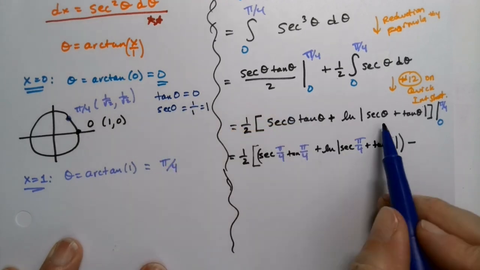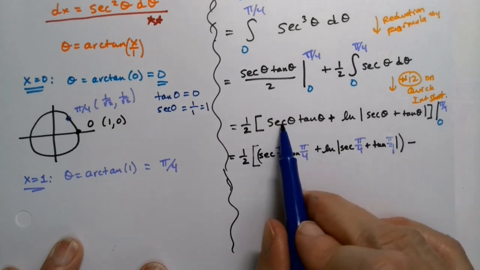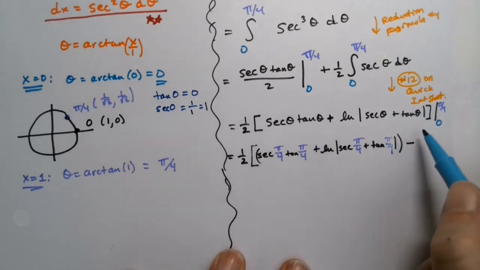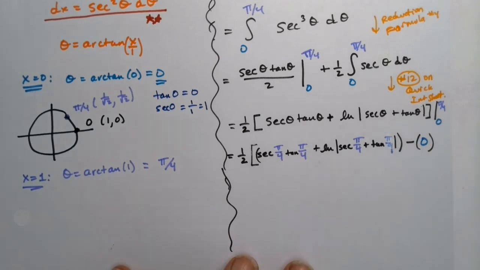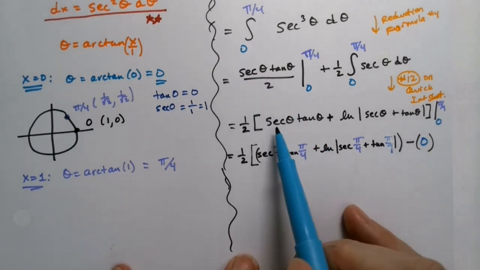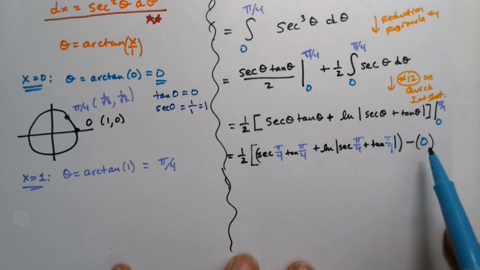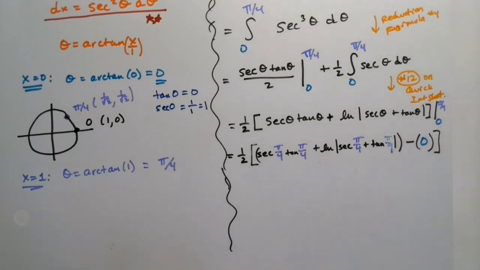So this is 1, this is 0, right? And then this is 1, and that's 0. So for this back one, it's all going to be 0, right? There's not going to be anything there. So this term is 0 because the tangent of 0 is 0. This term is 0 because the natural log of 1 is 0. So that whole thing is 0, which makes things a lot easier, as I said.